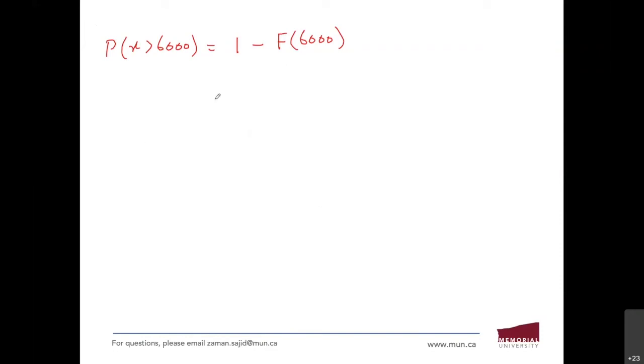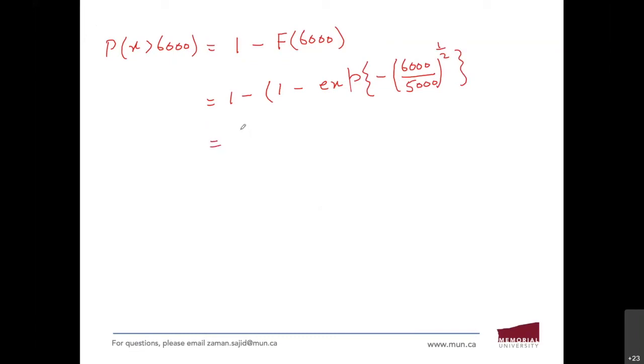This is the CDF here, and for the CDF we know that it will be 1 minus exponential of minus the value here, which is 6,000 divided by 5,000, which is the formula I just wrote down in previous slides, power 1 by 2.